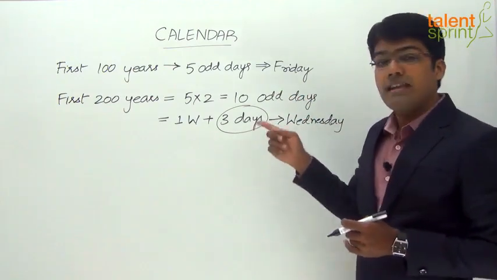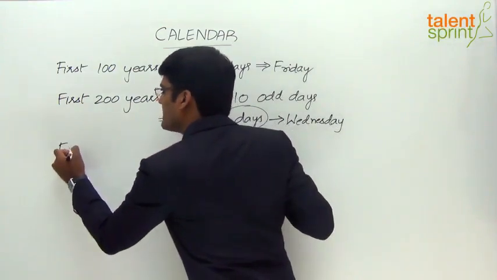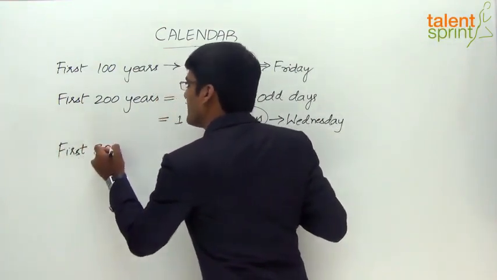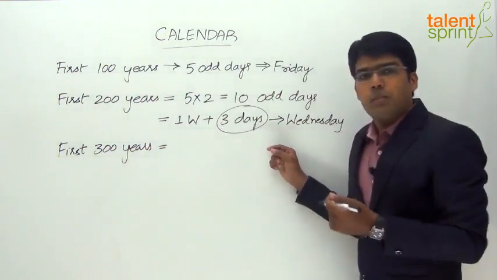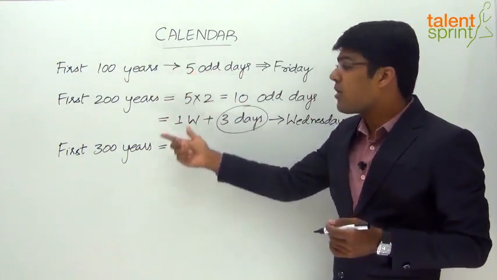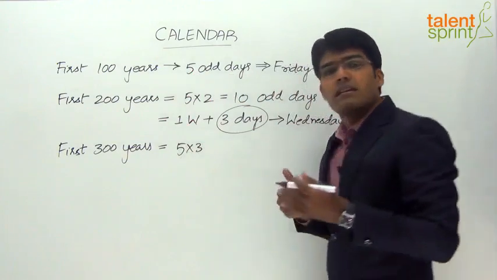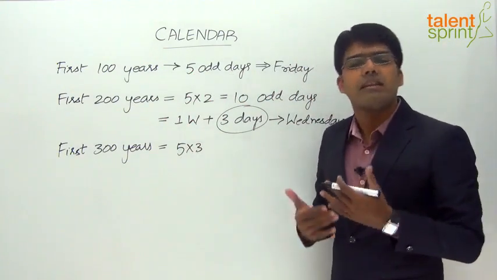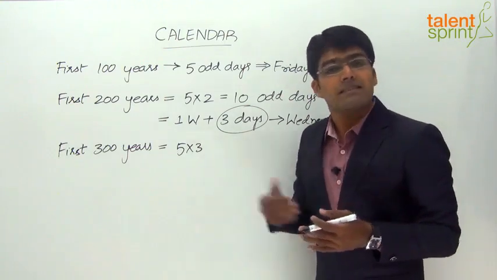Let's continue and see the number of odd days for the first 300 years. Now going by the same argument, since there are 5 odd days in the first 100 years, the number of odd days in the first 300 years would be 5 into 3, since the number of leap years and ordinary years is the same for the first century, the second century, as well as the third century.